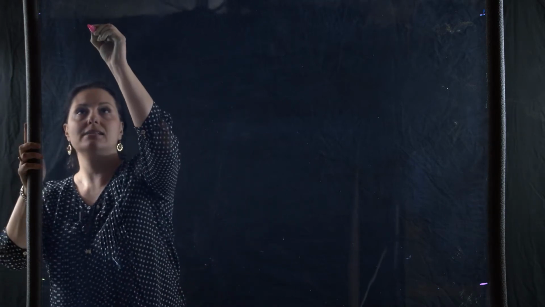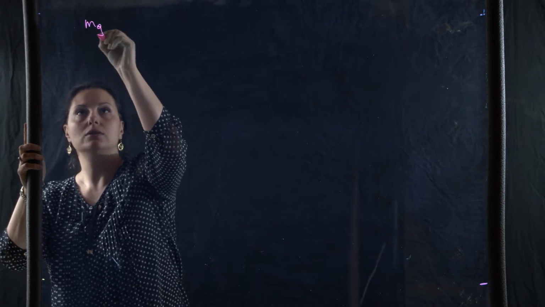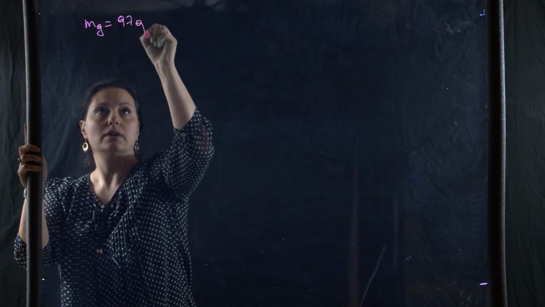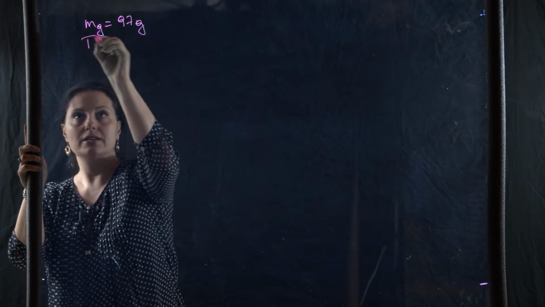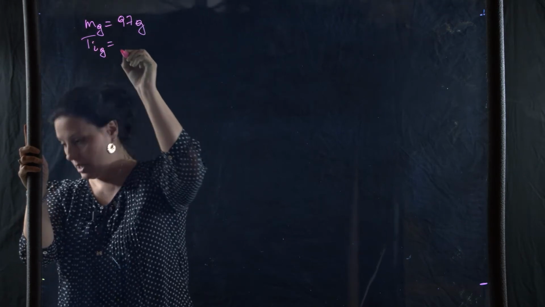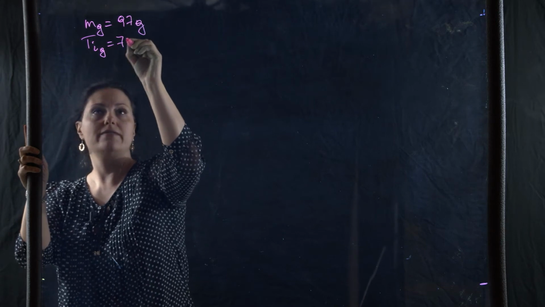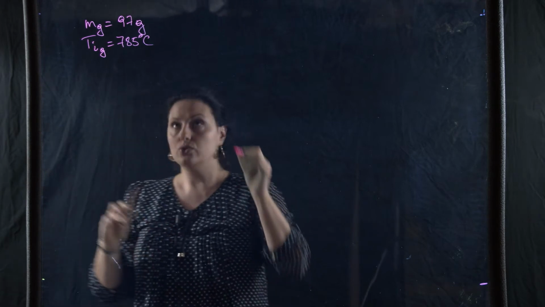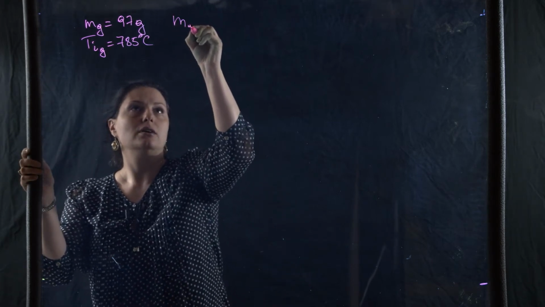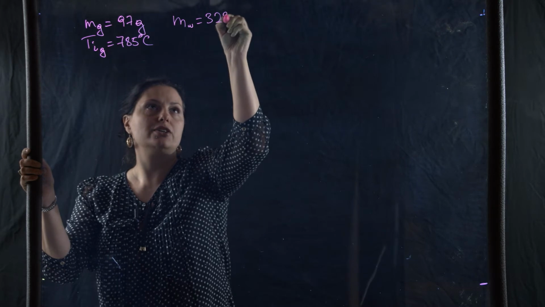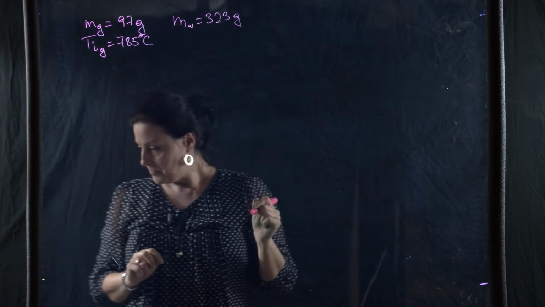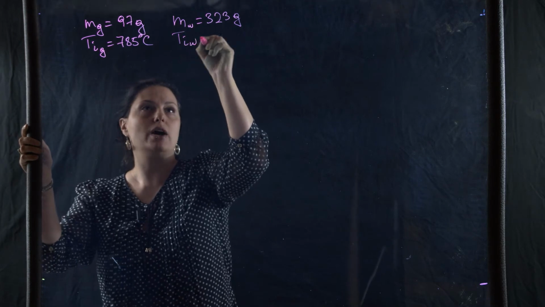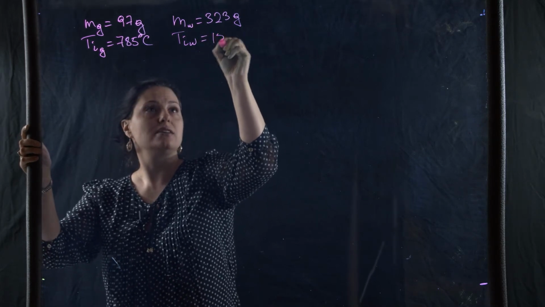So I have the mass of gold at 97 grams, and then I have the initial temperature of gold at 785 degrees Celsius. It is dropped into a mass of water, 323 grams, which has an initial temperature of 15 degrees Celsius.